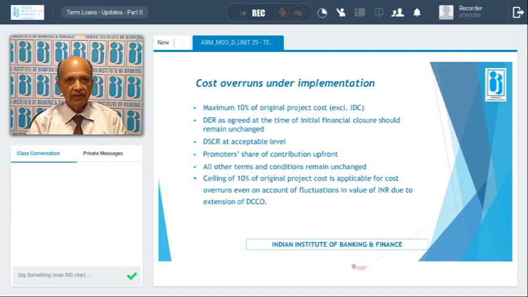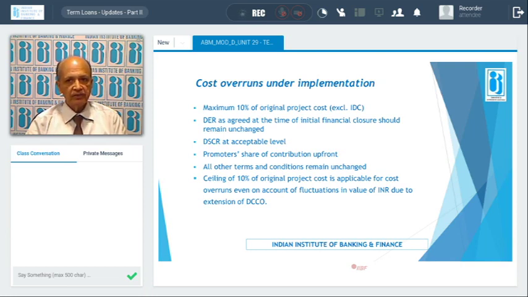So we have seen that cost overruns already envisaged in the project cost, that is before the financial closure, can be financed by the SCF, the standby credit facility. And the second is, after the financial closure, if there is a cost overrun other than IDC, interest during construction, it can be financed by the bank subject to certain conditions.